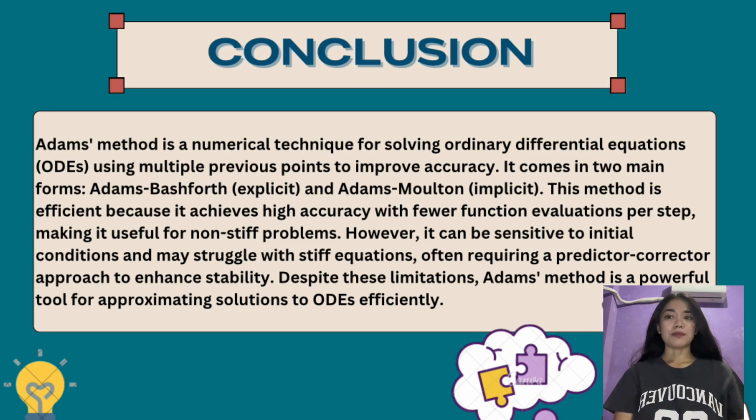However, it can be sensitive to initial conditions and may struggle with stiff equations, often requiring a predictor-corrector approach to enhance stability. Despite these limitations, Adams' method is a powerful tool for approximating solutions to ODEs efficiently.